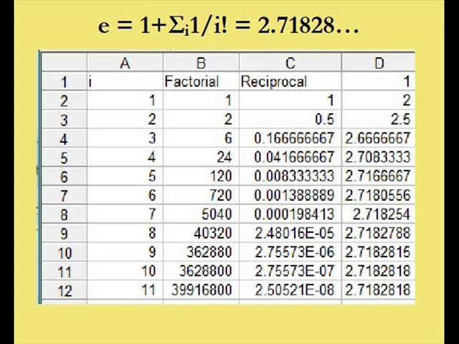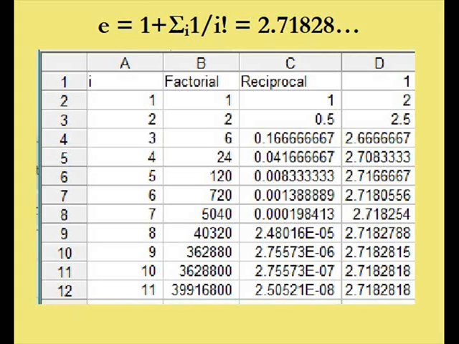So here's our index in column A, and then column B is the factorial of that number in column A. So, okay, 1, 2 times 1 is 2, 3 times 2 times 1 is 6, then the next one is times 4, rest of the same, gives you 24, etc. Take the reciprocal of those, divide it into 1, that's column C, and we add them all up.